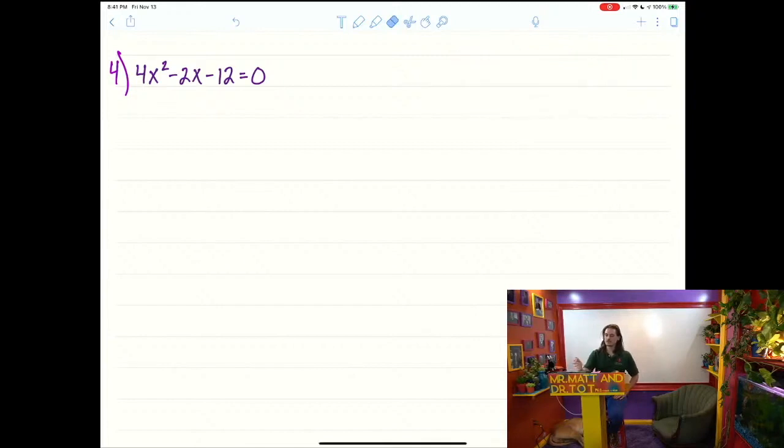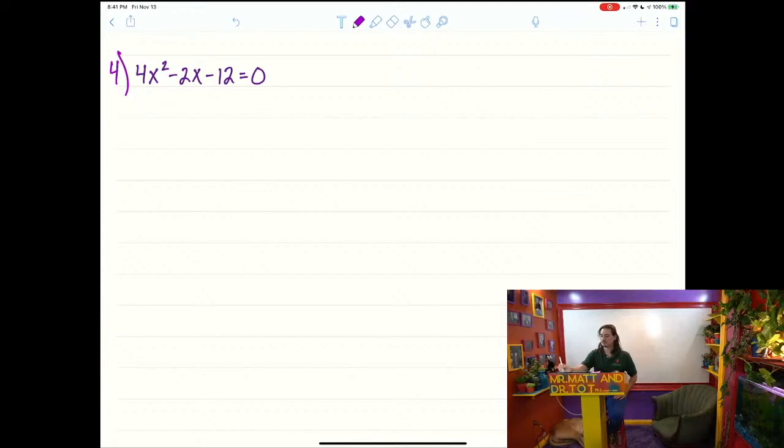Okay, so for number 4, our a value is equal to 4. The factors of 4 are 1 and 4, 2 and 2. A times c would be equal to 4 times 12, which is 48.